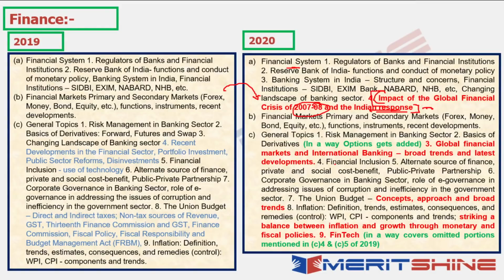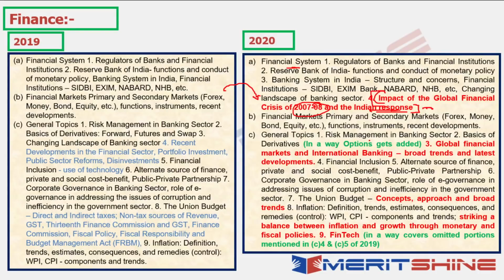And that is why it has been included. You might have been doing it anyway in the 2019 course as a part of your risk management and corporate governance sector, but now you'll have to do it in a consistent and focused manner for this area, right? Okay, so this is something which is new.